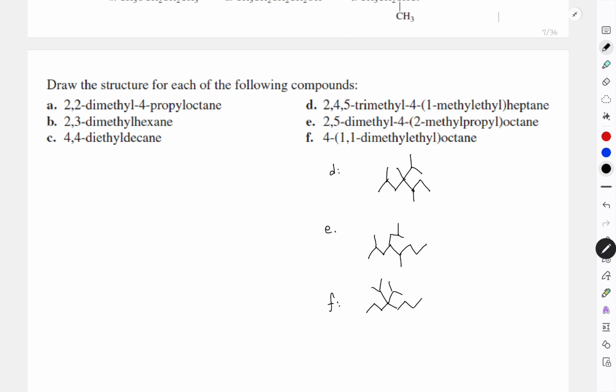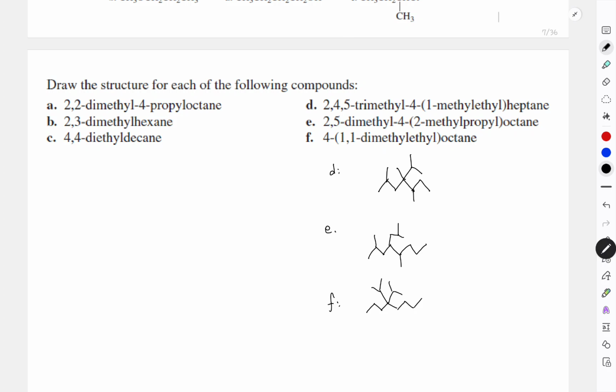So, what about the bottom one? This is octane still. You have 1, 2, 3, 4, 5, 6, 7, 8, containing hydrocarbon, the longest possible chain. And then you can identify the substituent. This has only 1 substituent at 4 position. You can identify this as a number 4 carbon.